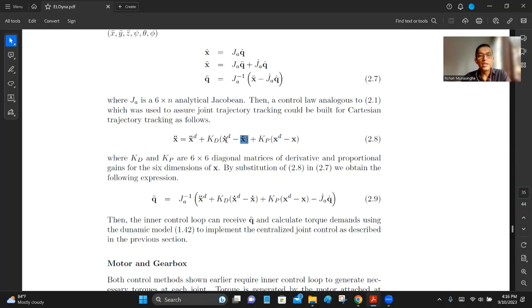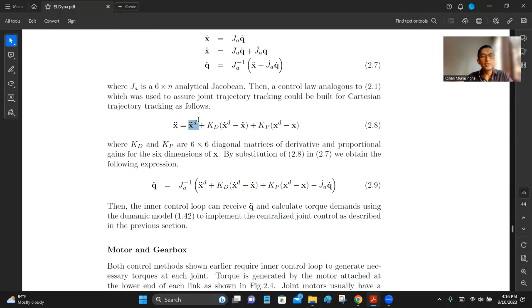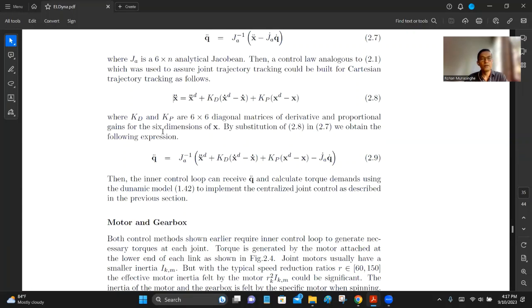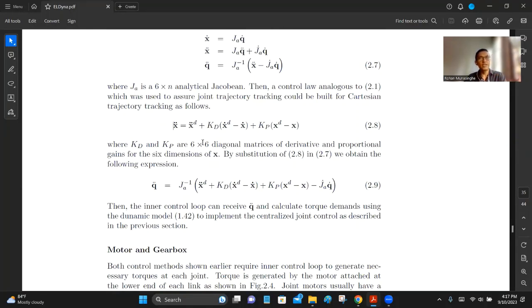This is the velocity error, and then this is the acceleration demand. Okay. So with that, because this is known, the acceleration demand is coming from the trajectory planning. It's there. The issue is how to calculate x double dot. So using this equation, you can do that. Now, the rest remains the same. Kd is the velocity gain. Kp is the position error gain. Okay.